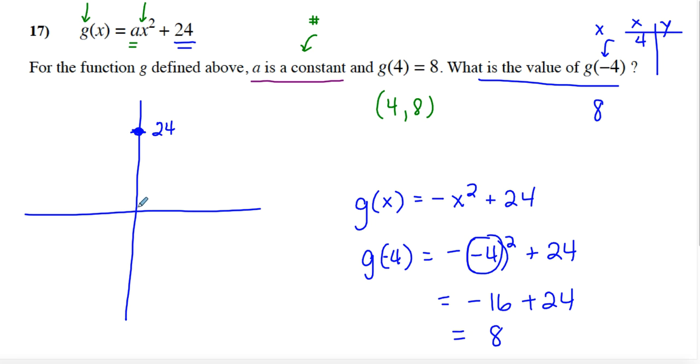And if I know that g at 4 equals 8 right here, and this is the vertex, then I know that because of the axis of symmetry, g at -4 would also be at a y value of 8. That's thinking about it graphically, okay? So the first way is thinking about it numerically, and this way is thinking about it graphically.